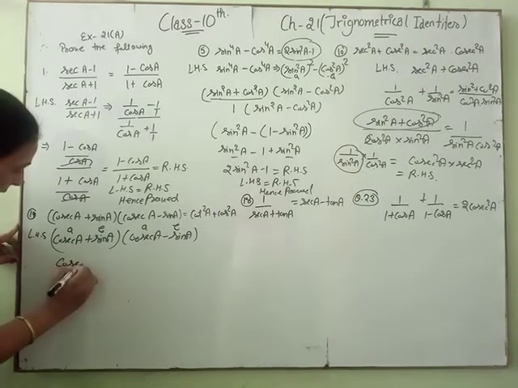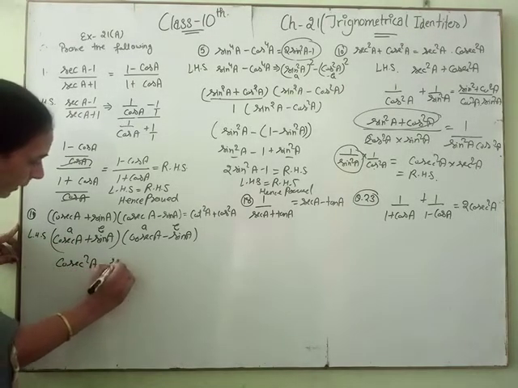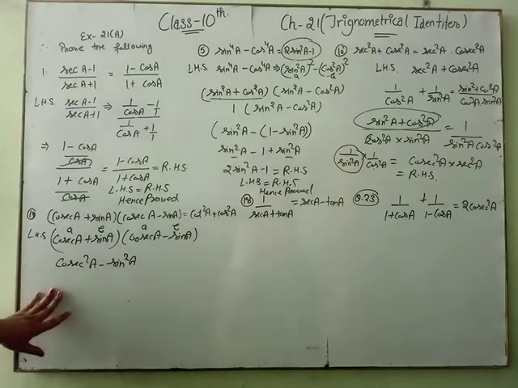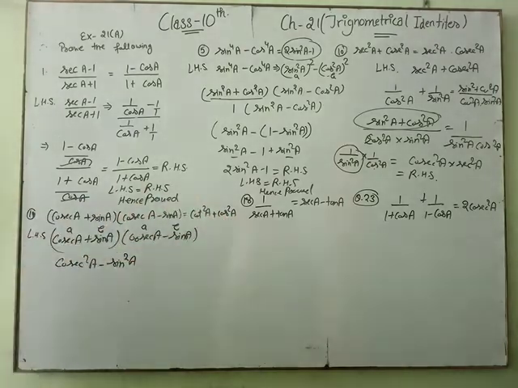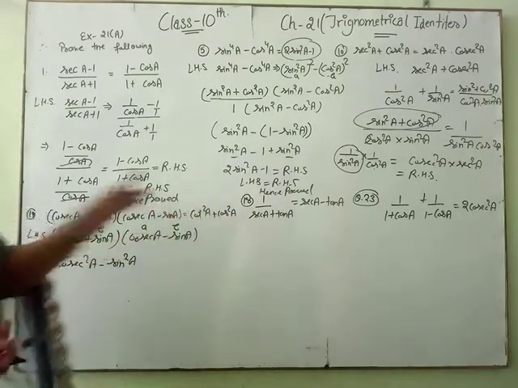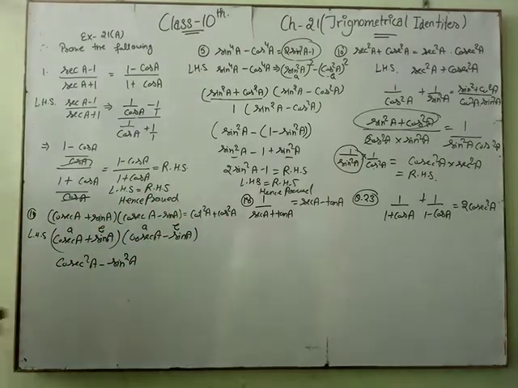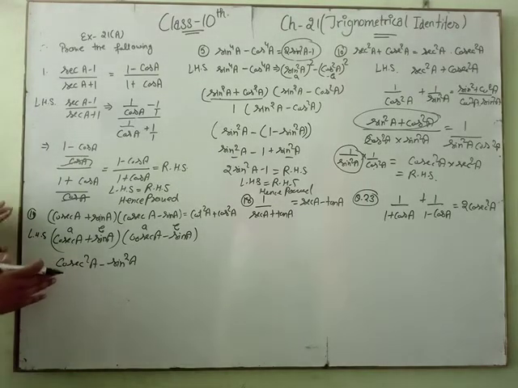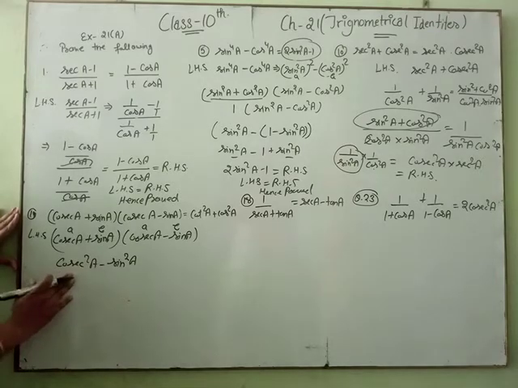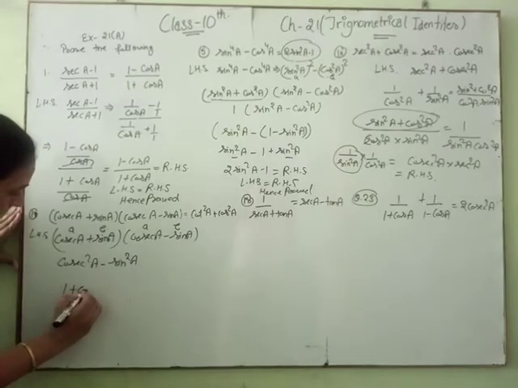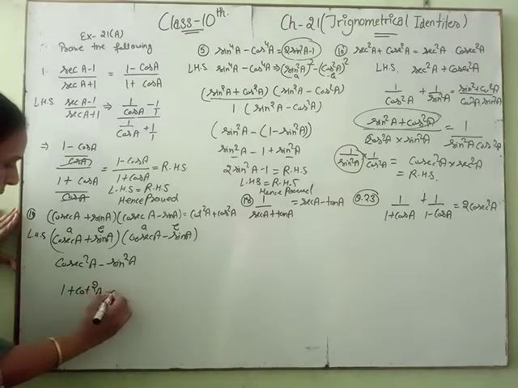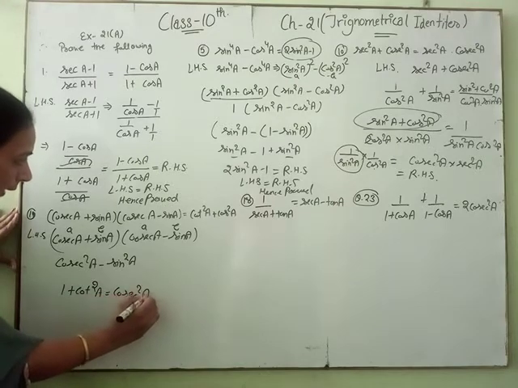Then cosecant square A minus sin square A. But we want the result in form of cot and cosecant, and we know that 1 plus cot square A equal to cosecant square A.